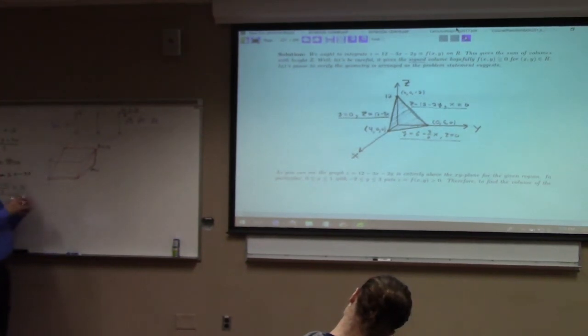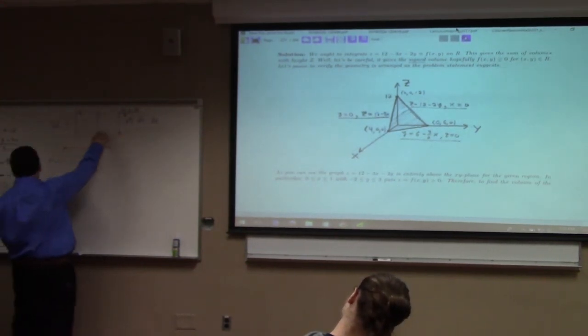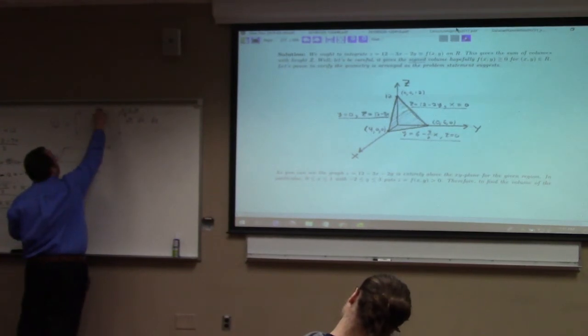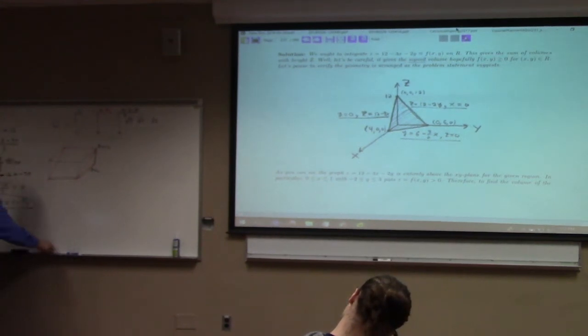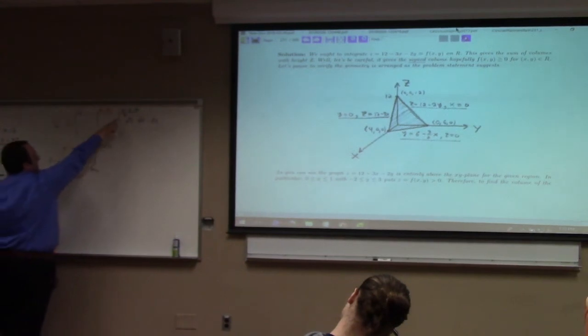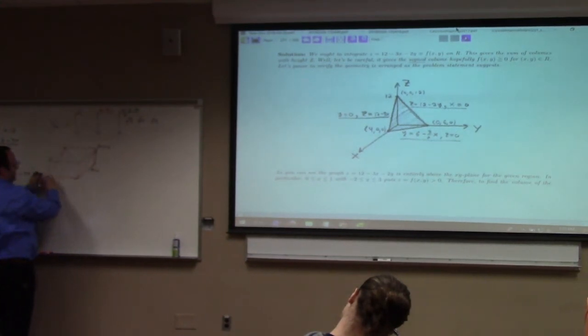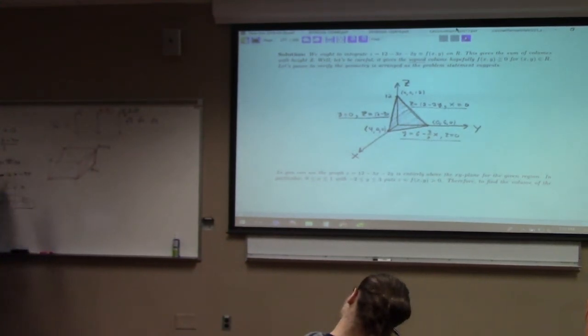Then if I put here 0 less than or equal to x less than or equal to 4 minus z over 3, the final cut is this right here. My picture gets too horrible. I'm sorry. You have to kind of imagine these things as opposed to literally drawing them. But that would be the setup if we went that way.